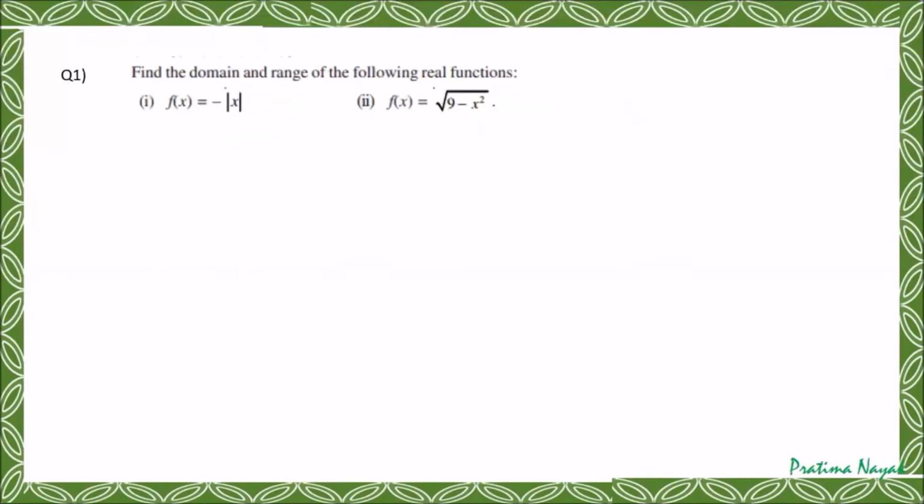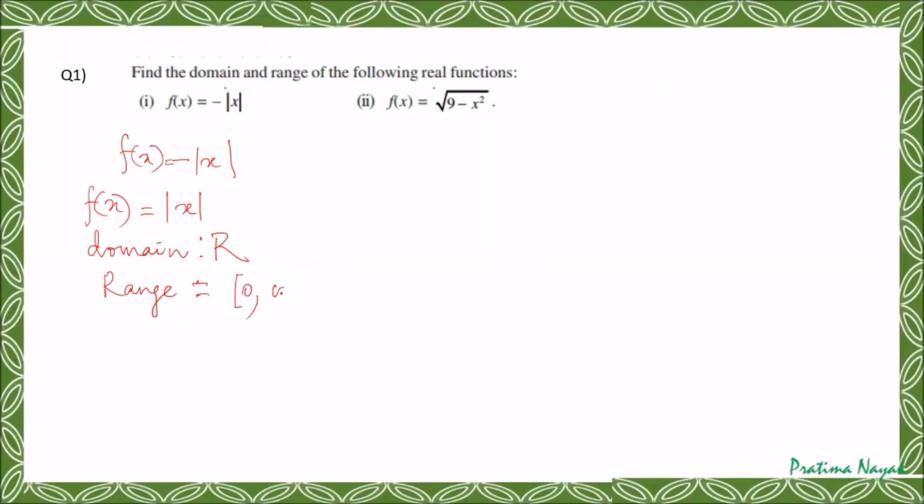First, I have taken two together. f(x) is equal to the negative of the modulus function. Let us first go for the positive modulus function. We know that its domain is all real numbers, and its range is the positive real numbers starting from 0, that is, 0 to infinity.